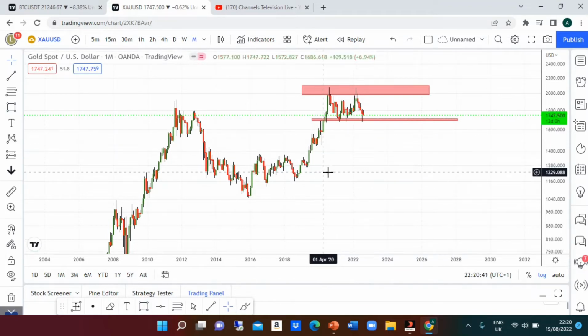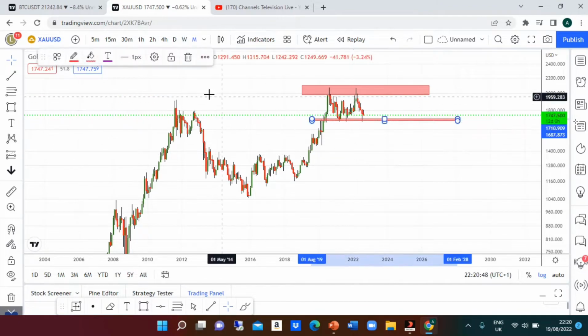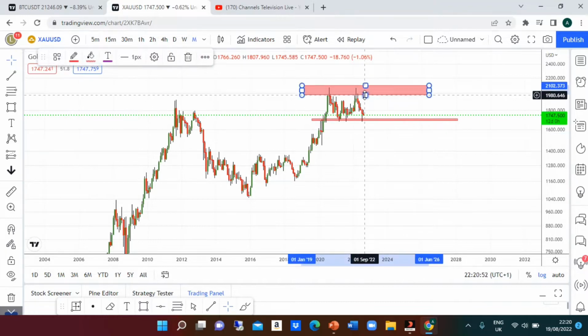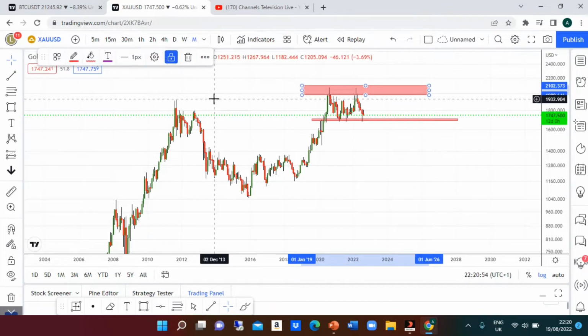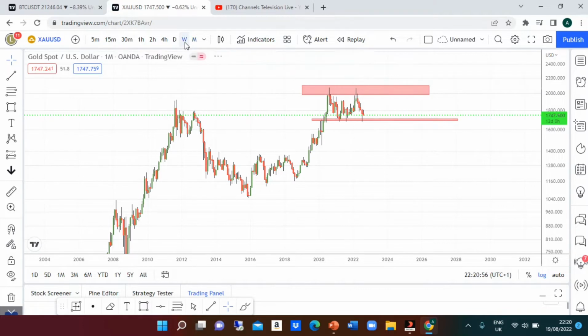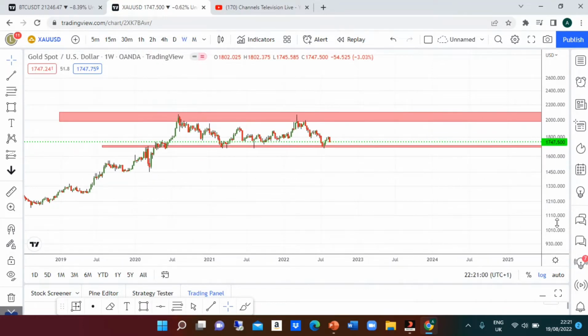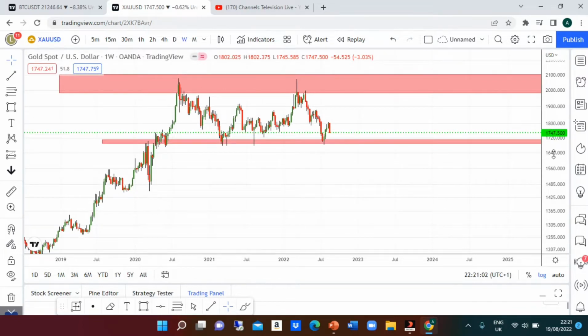So let me go back to weekly now. First, I'm going to lock this. Okay, this is a weekly time frame. You can clearly see that the market is ranging between these two zones.